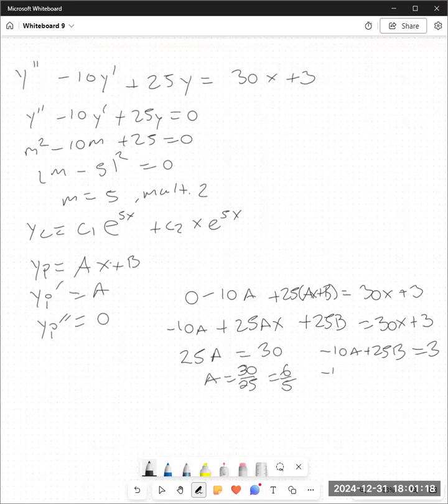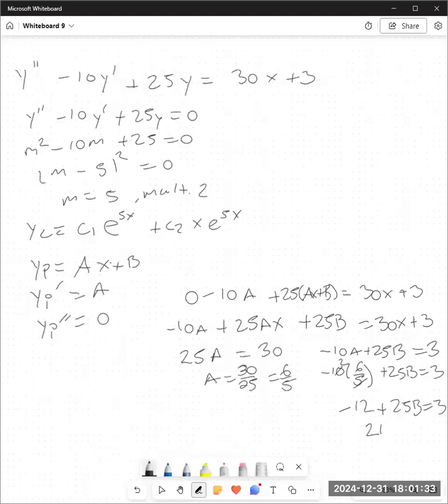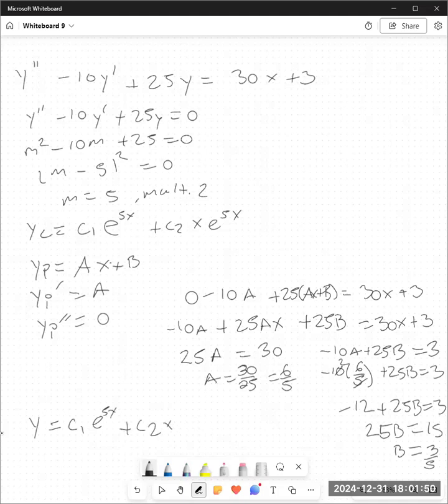We just solved for A being 6/5, so negative 12 plus 25B is equal to 3. 25B is going to be equal to 15, and B is going to be equal to 3/5. So we have my total solution y is equal to my yc plus my yp.